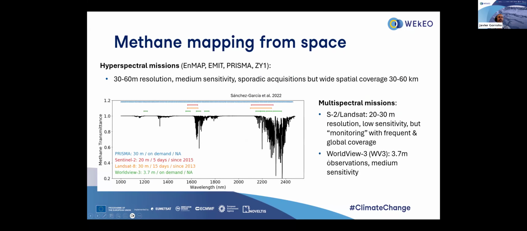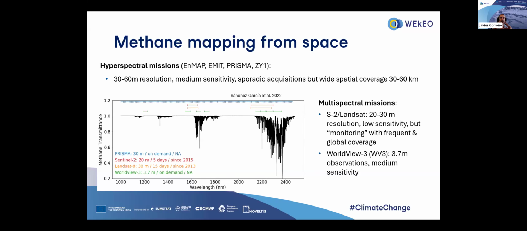Okay, now it works. So, what's methane mapping from space? In the last few years, we've got several missions that are able to actually map the plumes from space at a high spatial resolution. We are talking about hyperspectral missions mostly, like EnMAP, EMIT, PRISMA, Chinese missions like GaoFen, and others, but they are usually in the 30 to 60 meters resolution, and they have a medium sensitivity.